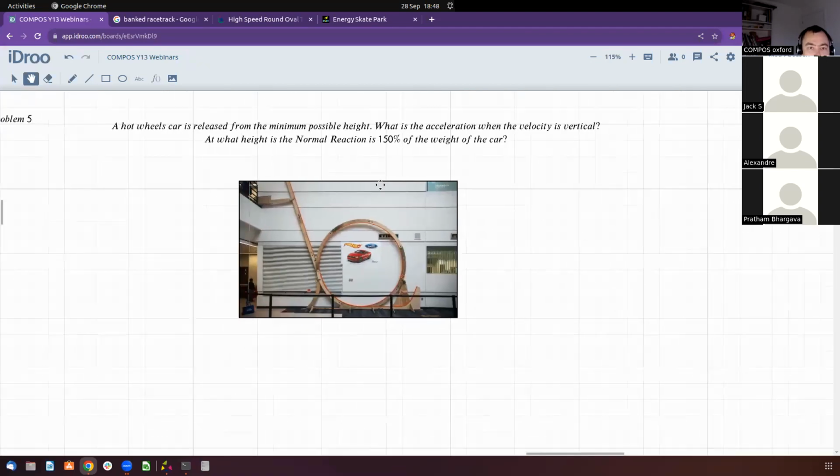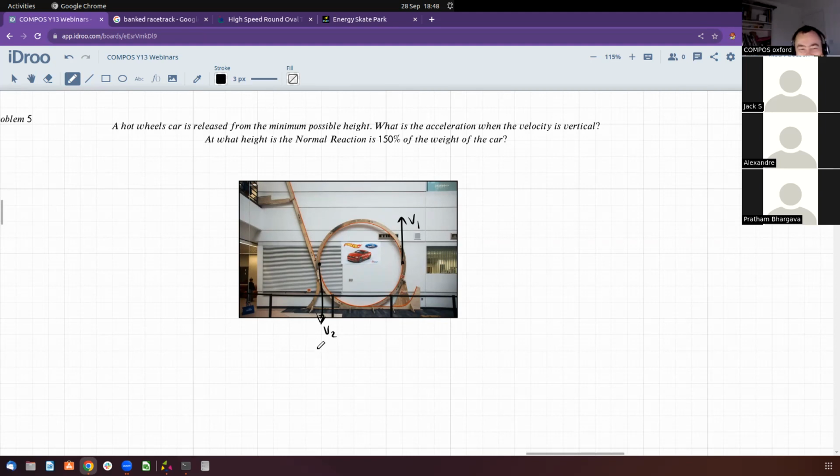Oh, that's interesting. So where is the velocity vertical? Well, the velocity is vertical here, and the velocity is vertical here. Are these velocities the same, V1 and V2? Are the speeds the same?